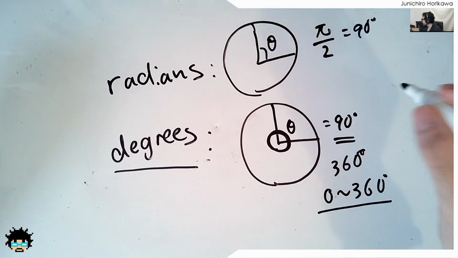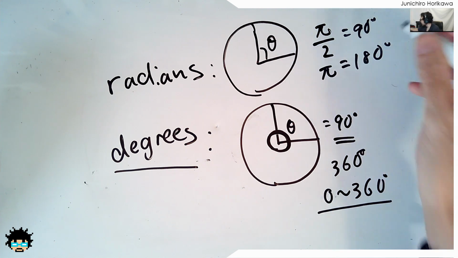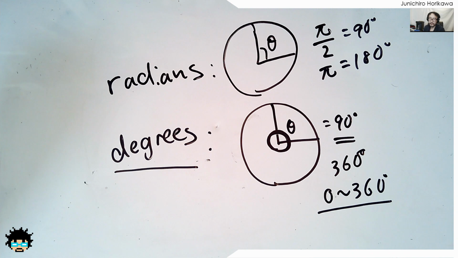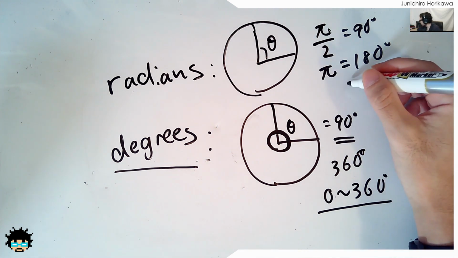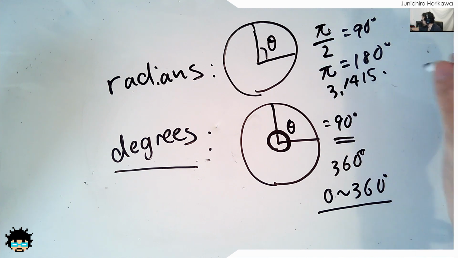So the pi itself is 180 degrees. I think you have heard about pi as a number from high school or maybe middle school, which is equal to 3.1415 or something like that.